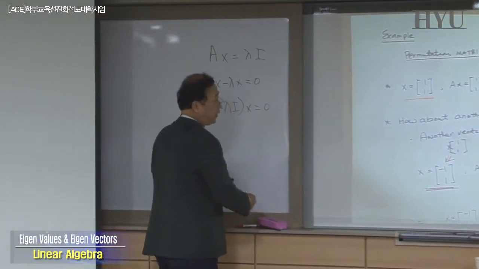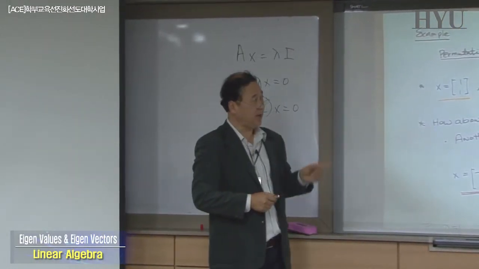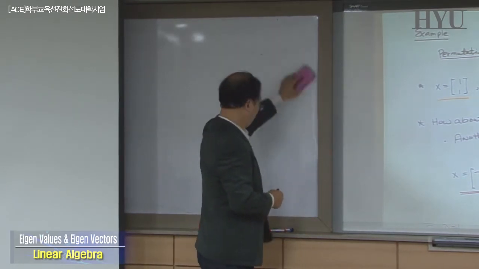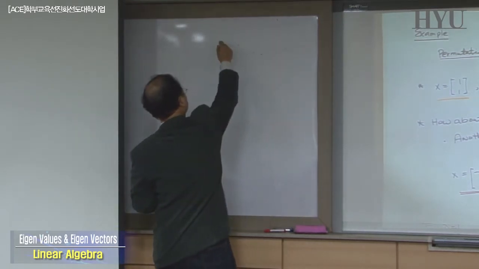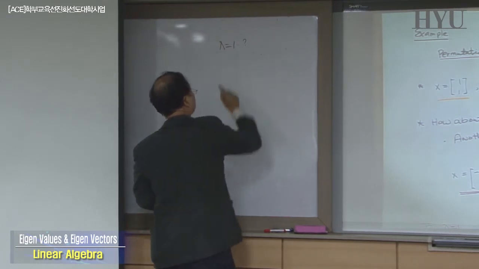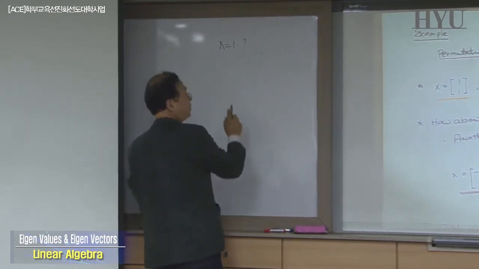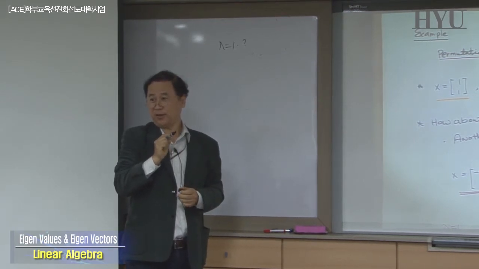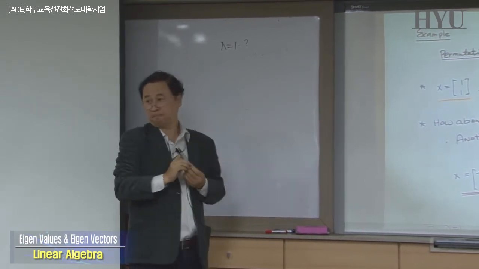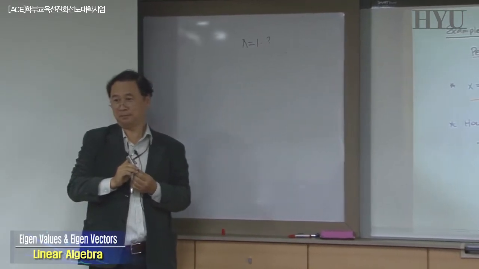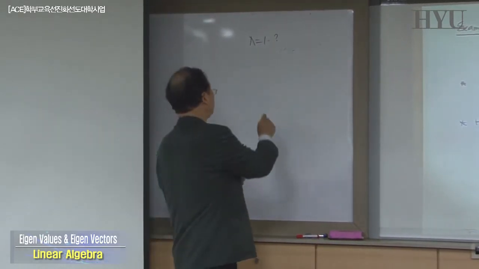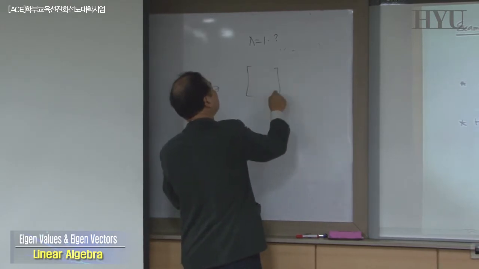Then how can you find the eigenvector? Let's say in the case of lambda 1, I try to find the eigenvector. Here we assumed this A, right?